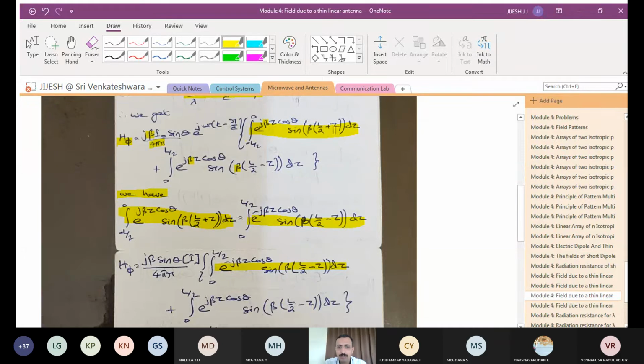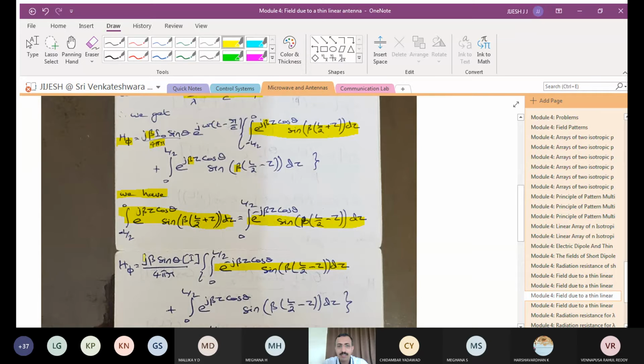Only the first portion, the integral from minus L by 2 to 0, I have replaced by the integral from 0 to L by 2 of e to the power of j beta z minus e to the power of minus j beta z cos theta sine of beta L by 2 minus z dz. This is what you will get. I have not disturbed any of the other terms; it is one and the same.